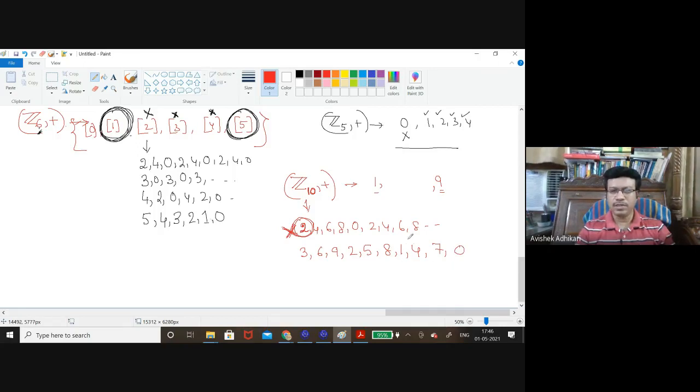Are all the elements exhausted? 1, 2, 3, 4, 5, 6, 7, 8, 9, 0. So you can see that 3 is the generator here. So the first answer that I get, 1 and 9 are the generators, among which 3 is also a generator.